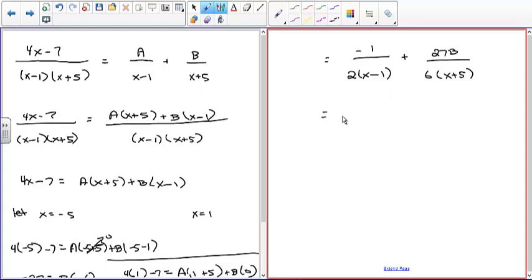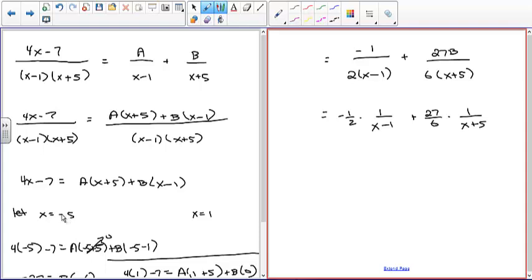You could also write this as negative 1/2 times 1 over x minus 1 plus 27 over 6 times 1 over x plus 5. Either way. From a calculus standpoint, this is probably a better way of doing it. Okay, so that's another example of distinct linear factors.